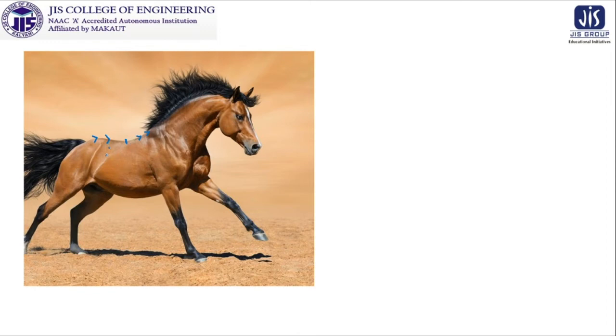But when you look at the surface of the horse's back, and you go along this direction, you are actually going upward, and after this you will go downwards in the reverse direction, which is not visible in this picture. In that case, you get local maxima, and in the previous case you got local minima.